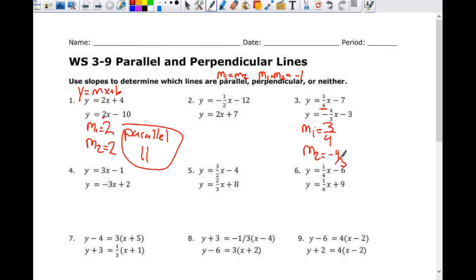So are these two the same? No. These two are not the same, so these are not parallel. So let's multiply them together and see if they are perpendicular. 3 over 4 times negative 4 over 3 is equal to negative 12 over 12, which is equal to negative 1. Just like what we said up here, are the slopes multiplied together equal to negative 1? Yes. So it is perpendicular.